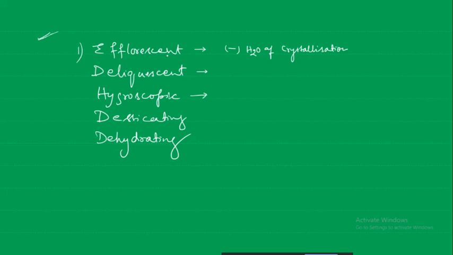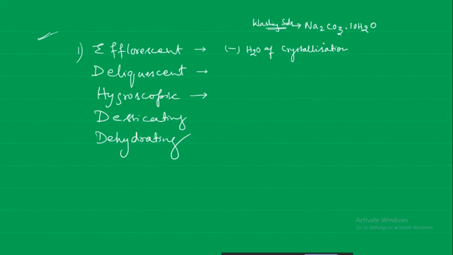For example, take washing soda. Washing soda is sodium carbonate in the hydrated form, that is decahydrate. This is the washing soda that you would use in detergents. If this washing soda is left exposed to the air, what will happen?